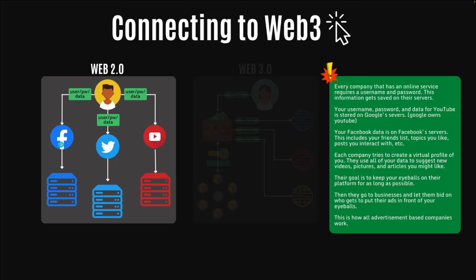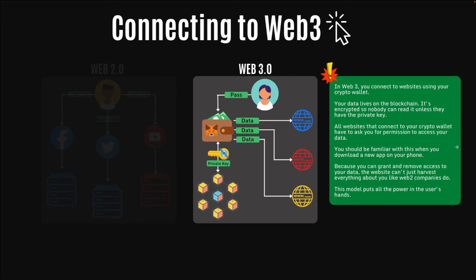And Facebook gets paid for this kind of information. So they're going to try to get as much information about you and how you interact with their platform as possible. As opposed to Web3, in Web3, you're not using a username and password to connect to websites, right?